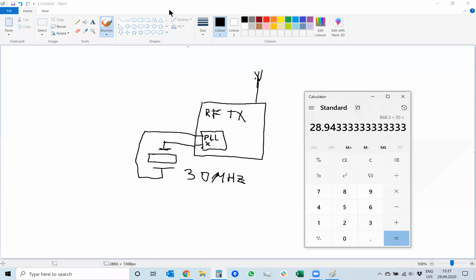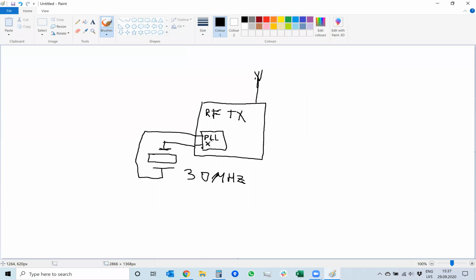So this PLL, it's a fractional PLL, so it can actually multiply with some fractions, not all, but some. So it multiplies the signal by 28.94, and the resulting signal is sent to the antenna.